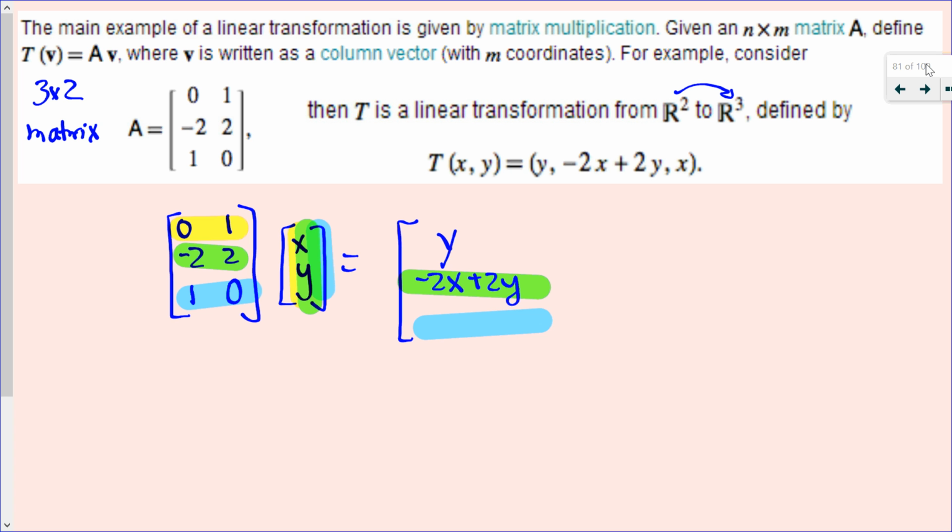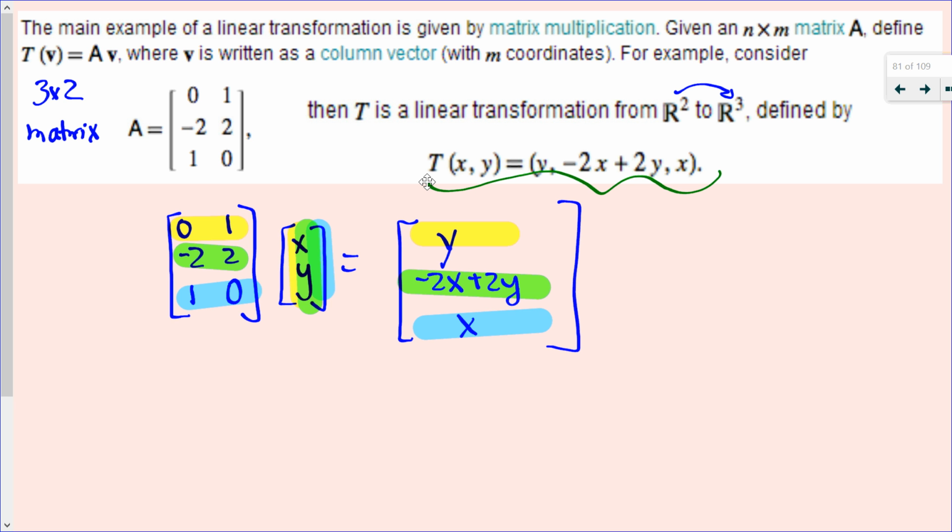We can see how we would get x for our last one. So that is how this particular transformation can be defined using a matrix, because you can see that the matrix multiplication works out to be that component by component description. And so it takes something in R2 and maps it to R3.